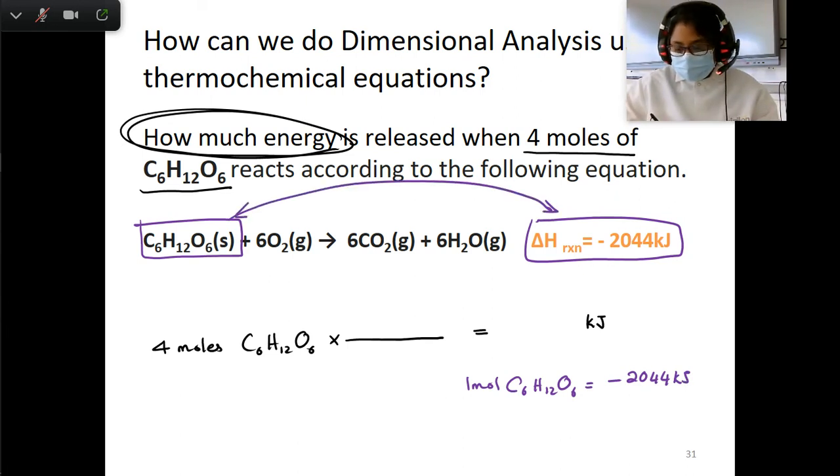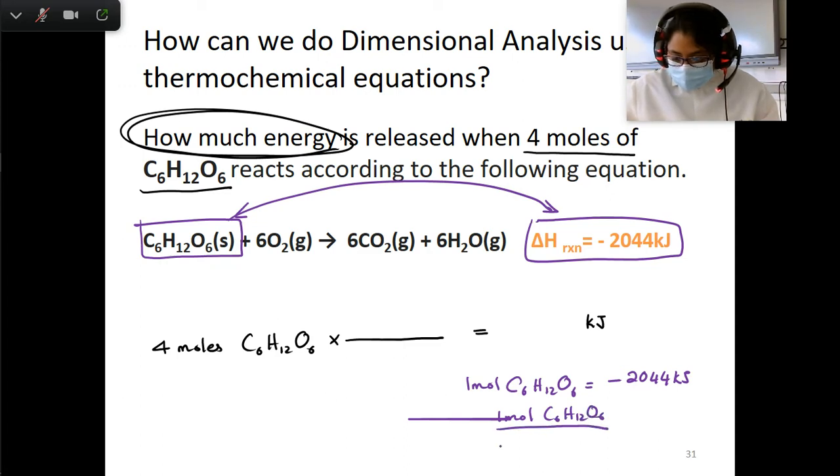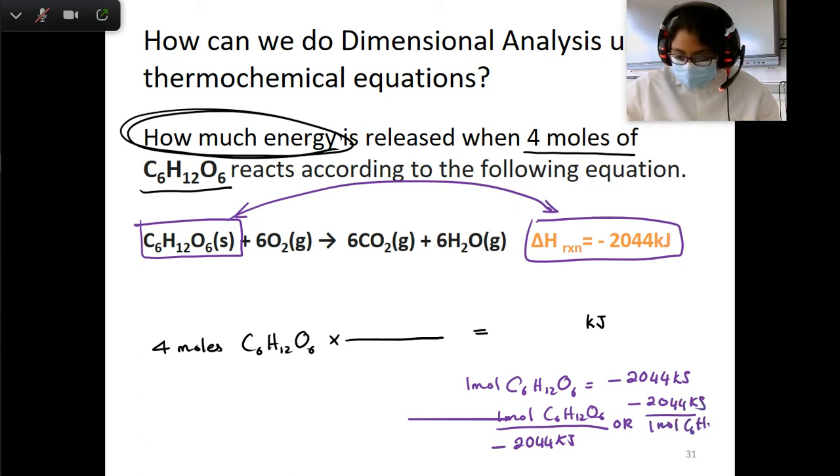Okay, that's your equality right there. So here are your conversion factors. 1 mole of C6H12O6 over negative 2044 kilojoules, or negative 2044 kilojoules over 1 mole of C6H12O6.